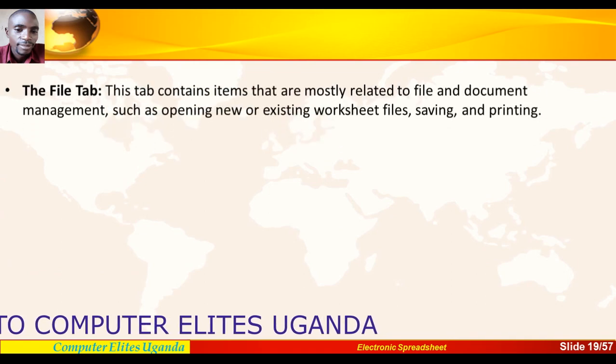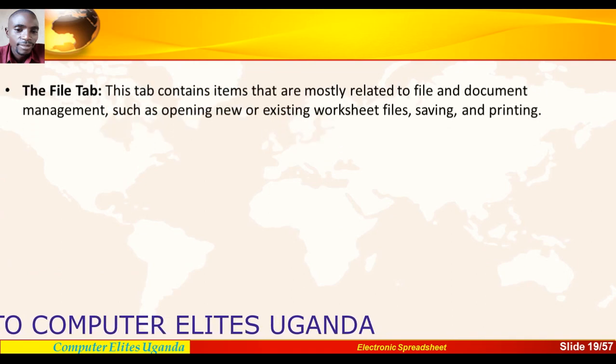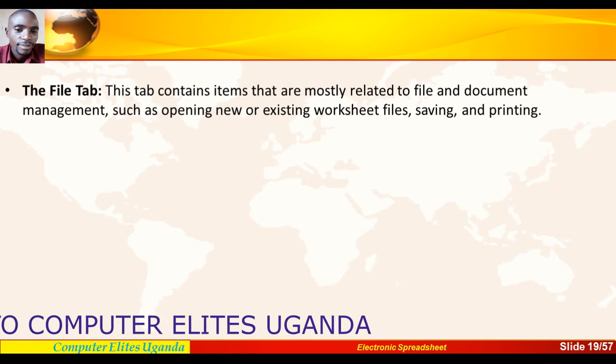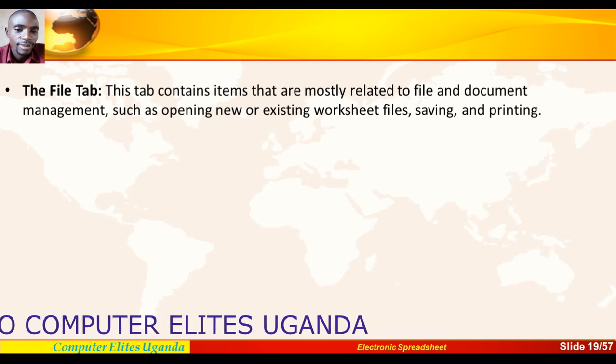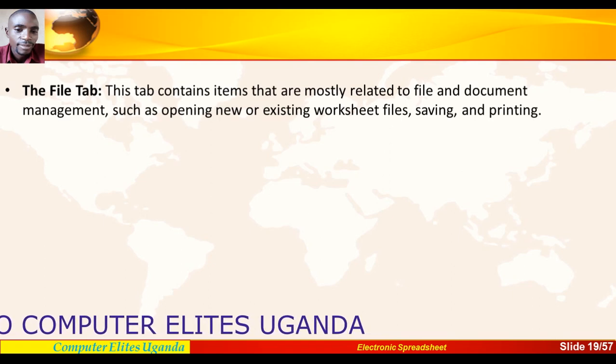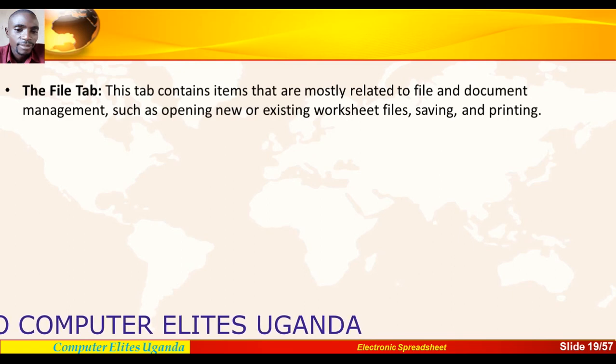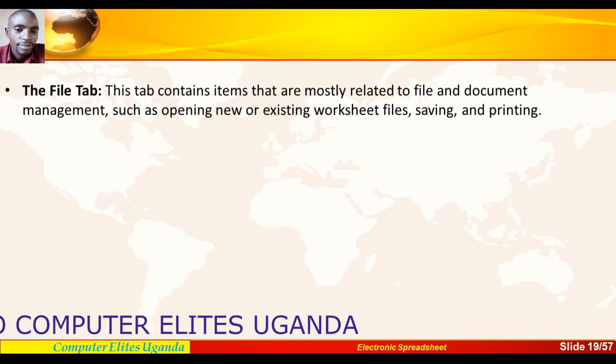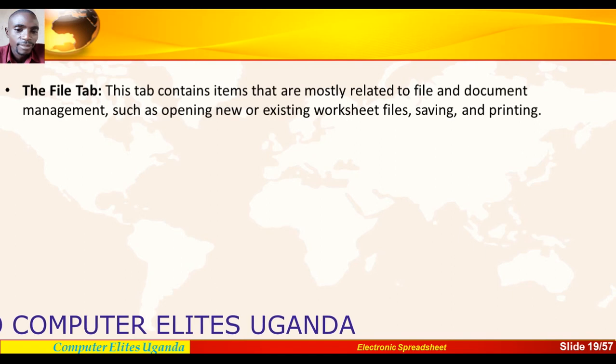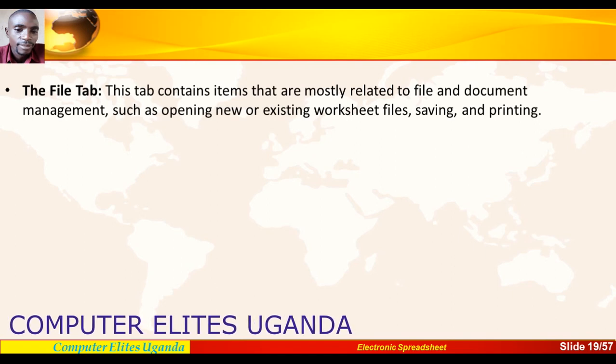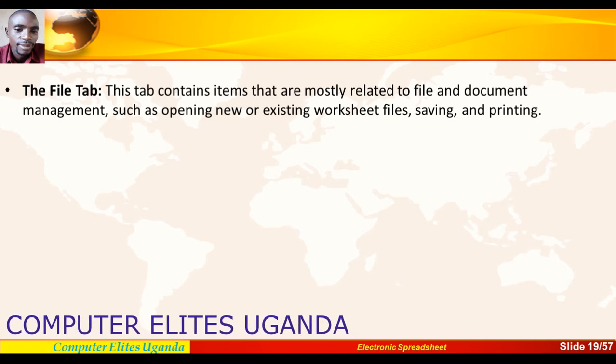Another one is the file tab. This is the one that contains the items that are mostly related to files and documents. If you're dealing with managing a file in your spreadsheet, we always use this file tab.